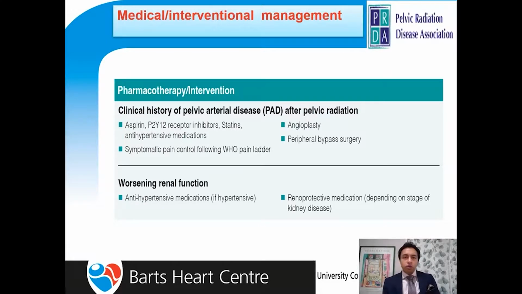Pain relief is often required for those patients with claudication, and if this is insufficient, they may proceed to either angioplasty, which is peripheral artery stenting, or may even proceed to bypass surgery of the arteries in the lower limbs. In terms of the renal dysfunction, antihypertensive medication is required, and some of these can be renoprotective depending upon the medication prescribed.